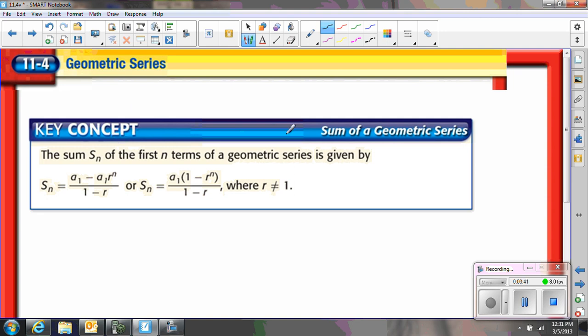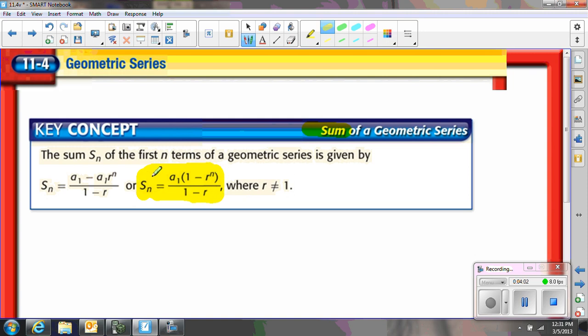Here's your shortcut for finding the sum of a geometric series. The sum S sub n of the first n terms of a geometric series is given by the following equation. I've found after teaching this for a few years that this is usually the equation that students remember.